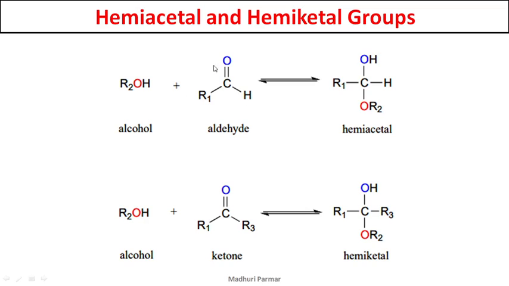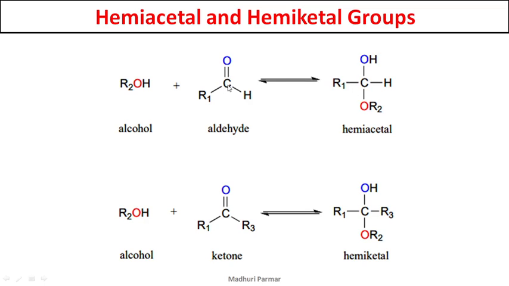Fine. So when the aldehyde group and the alcohol group react, they give you what is called hemiacetal. You can see the double bond between carbon and oxygen is broken, and that bond is used to make a bond with this OH. So now what you get is this R1, then this middle C of CHO.